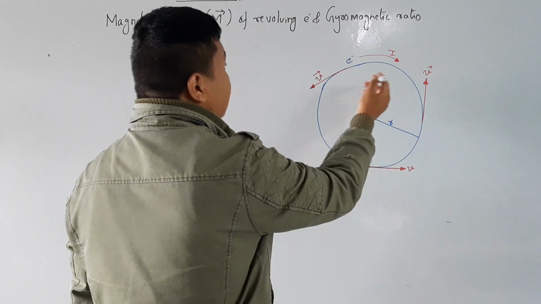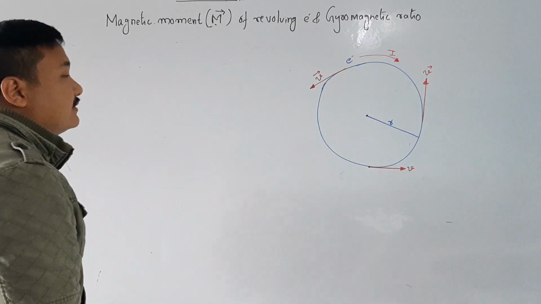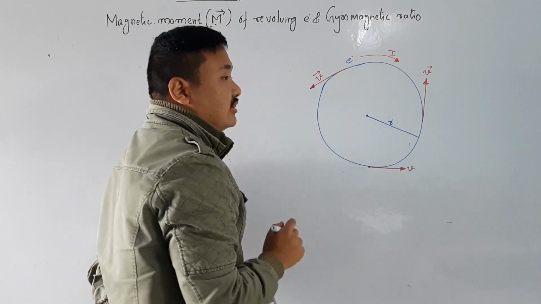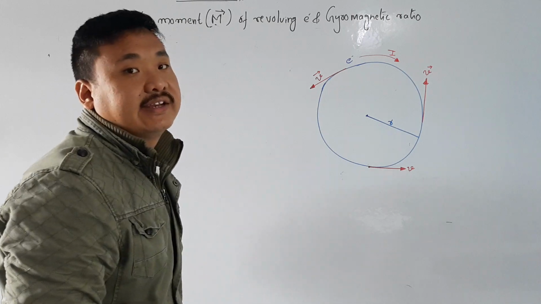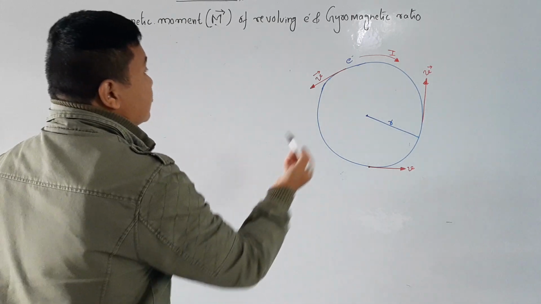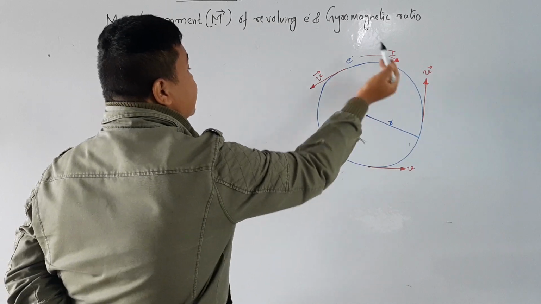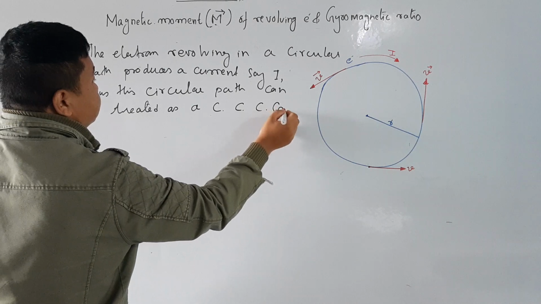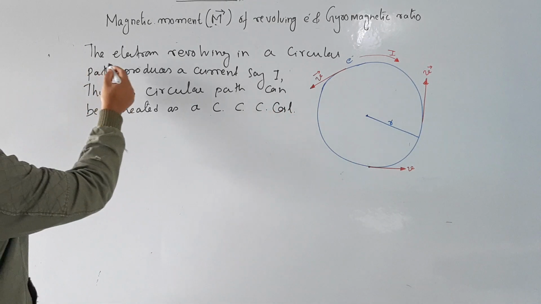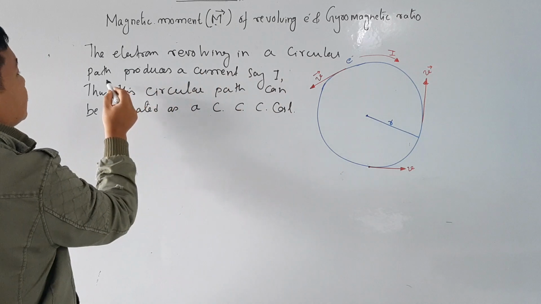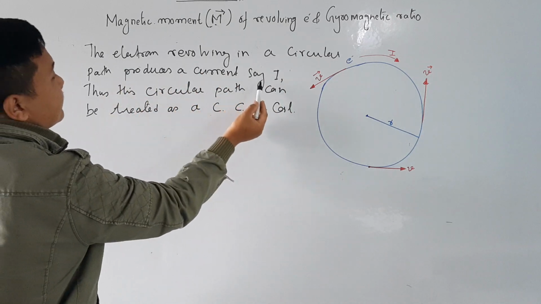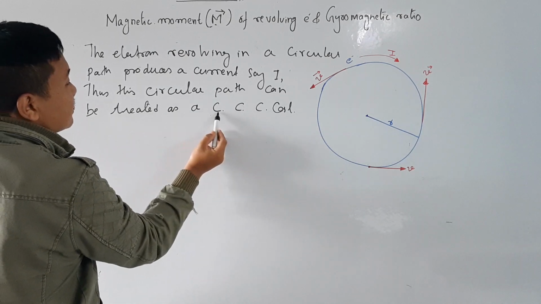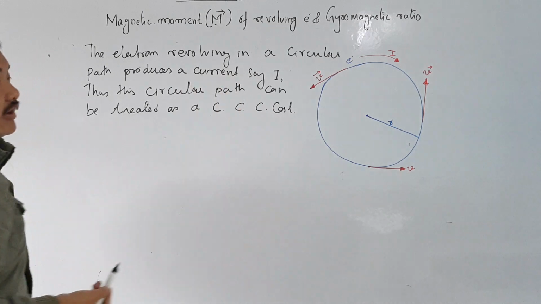So it is revolving in a circular coil. Then what we can say is this circular path can be treated as a circular current carrying coil. Why? Because this electron is producing a current I. The electron revolving in a circular path produces a current, say I. Thus, this circular path can be treated as a current carrying circular coil.